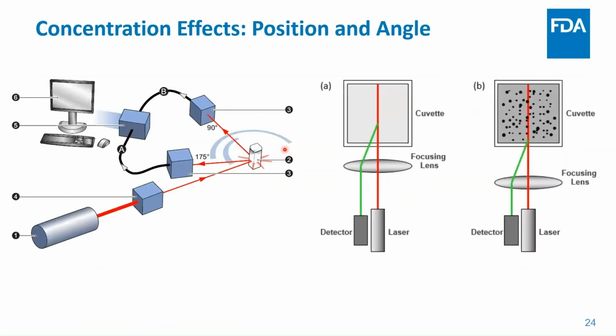So one of the ways that the system actually uses to counteract concentration effects is by changing the position and the angle of the detector. So in this example here, this is a backscattering angle for both of these, but it could be true for the 90 degree.